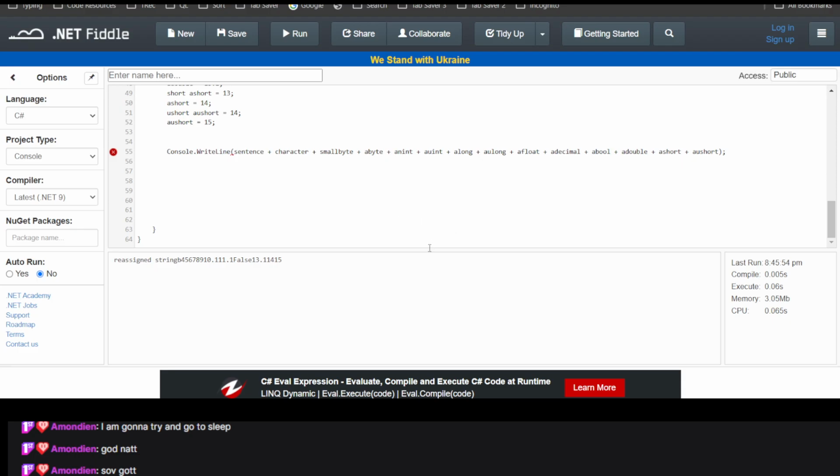The Convert class has To-whatever methods to convert among the built-in types. So ToByte turns to byte, ToInt16 turns it to short, ToInt32 to an int, ToInt64 to a long. I'm trying to think about why 16 is short.